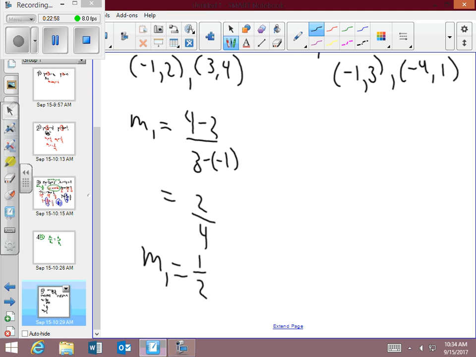And then we're going to do the same thing over here, right? I'll use the right one as X2, Y2. So Y2 is going to be 1 minus 3 over -4 minus -1. So the numerator is going to be -2. In the denominator, this is 4 plus 1, correct?